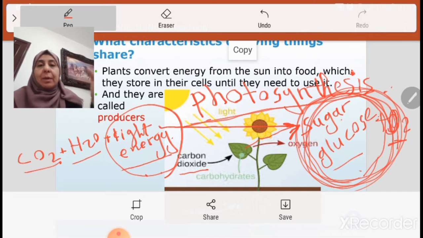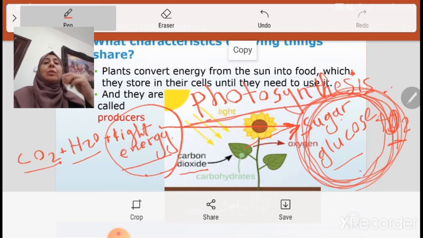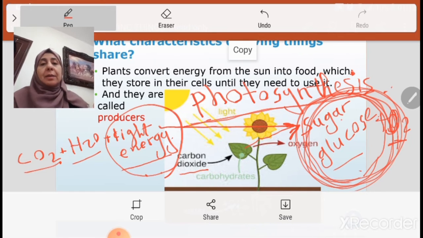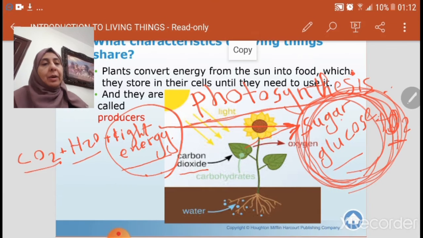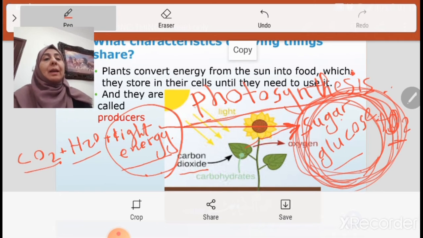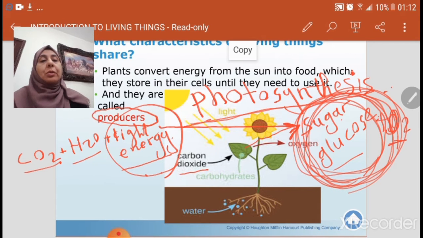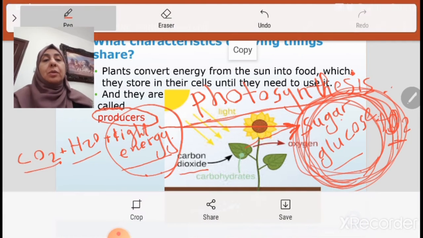What is the meat? The meat comes from the animals. What do the animals eat? They eat plants. So finally we get our energy from the plants. The plants make it for us. So that's why the plants are called producers.